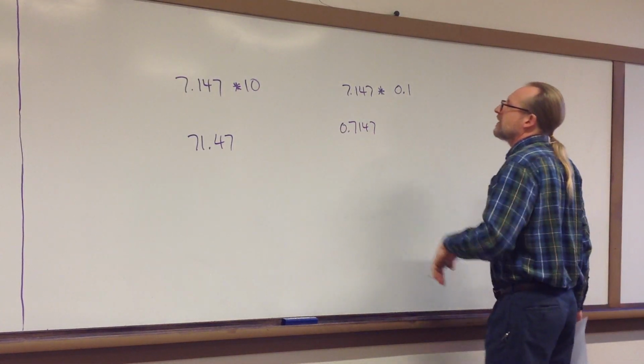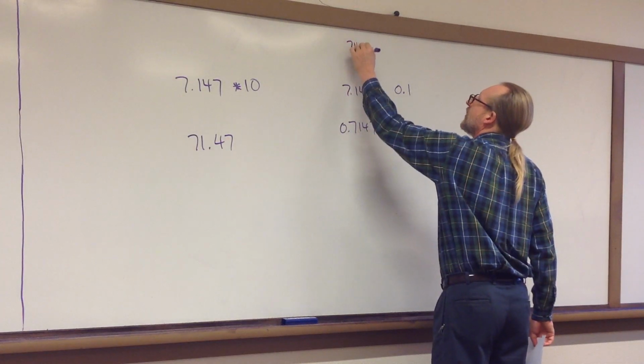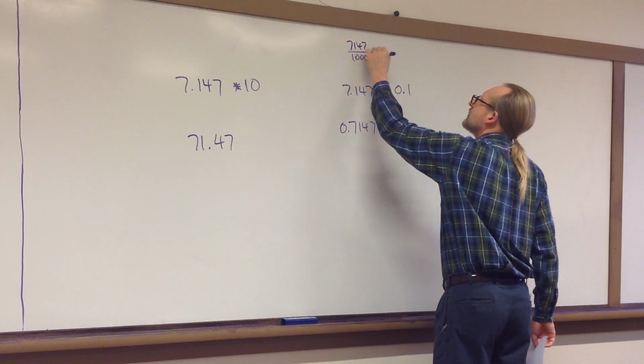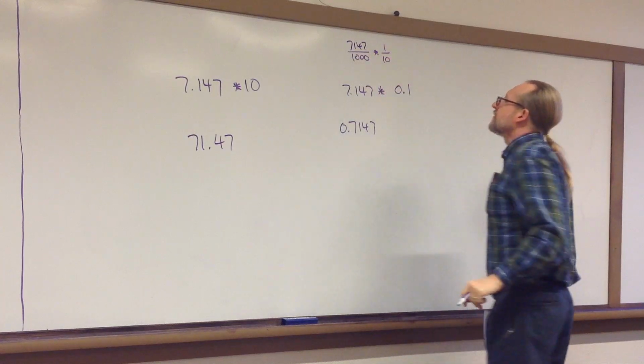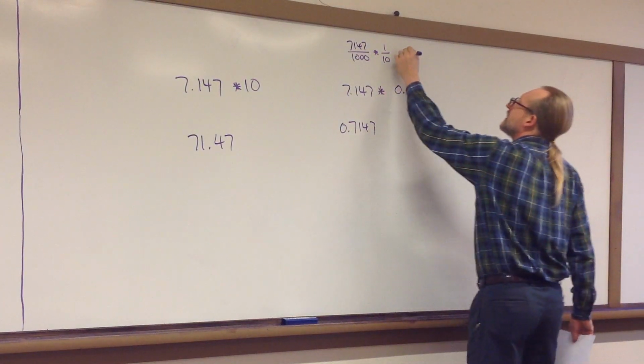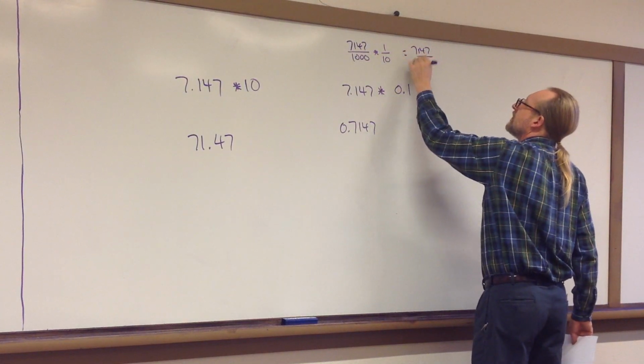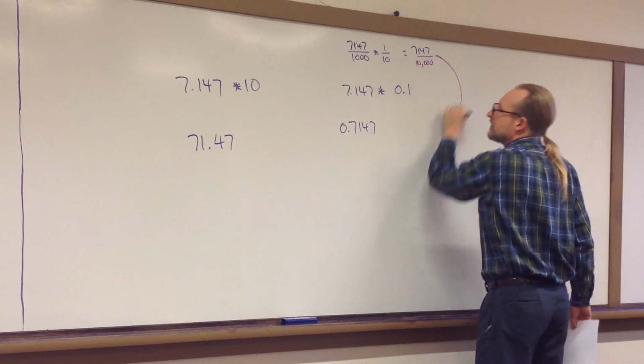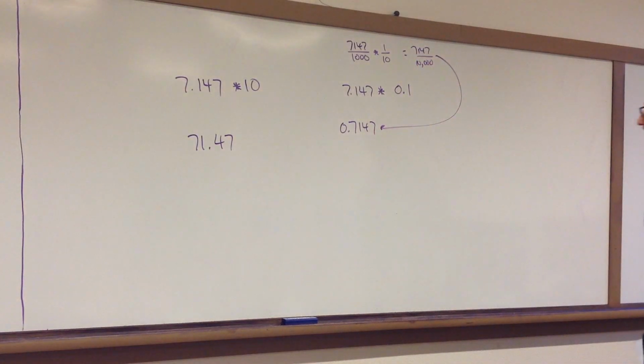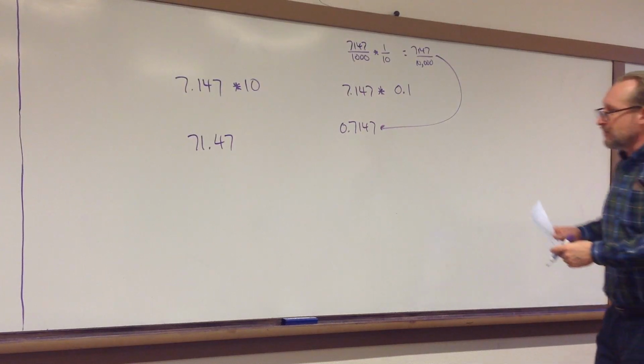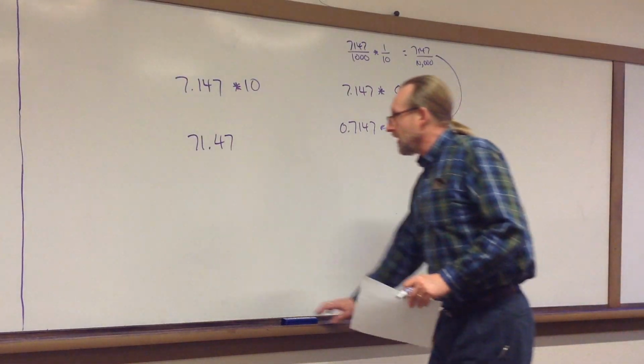One way you can think about this is 7147 over 1,000 times 1 over 10. And so that's going to give us 7147 over 10,000, which as a decimal looks like that. So that's what's going on with this whole moving of decimals process.